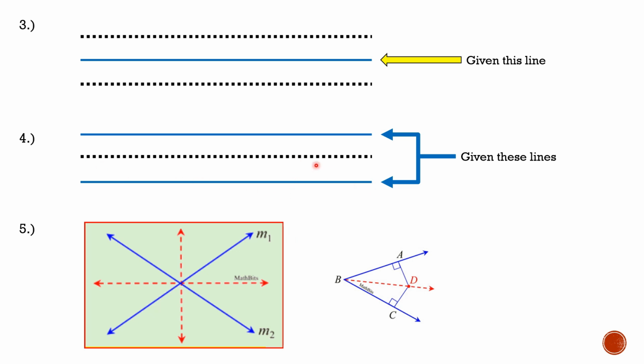So, sa gitna lang. Equidistant from here to here, from here to there. Now, kapag naman intersecting lines, the locus of points are perpendicular, tapos nasa middle, hahatiin niya. It will divide the intersection into half.